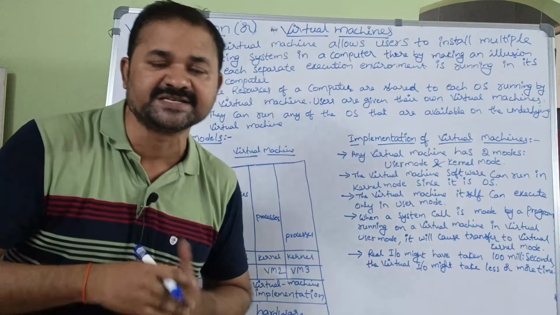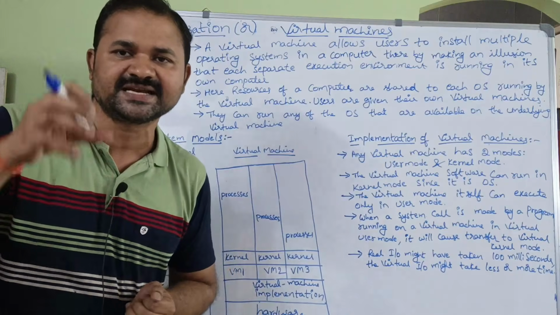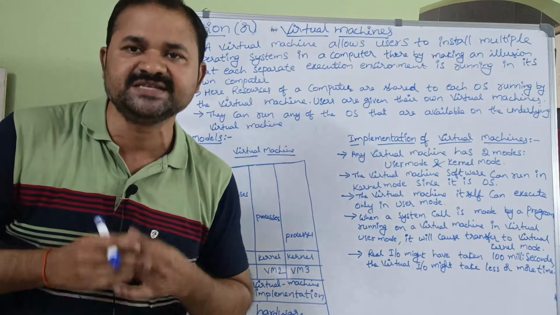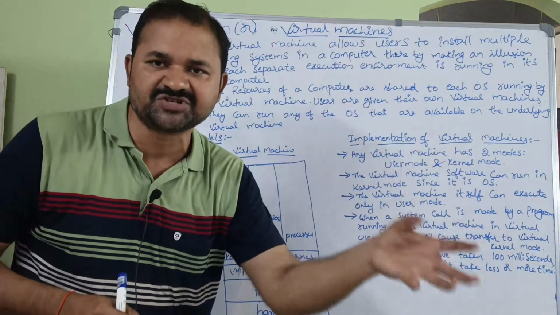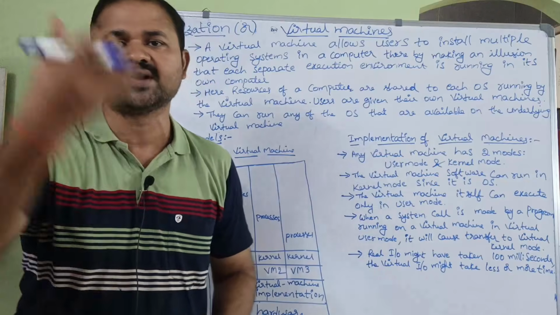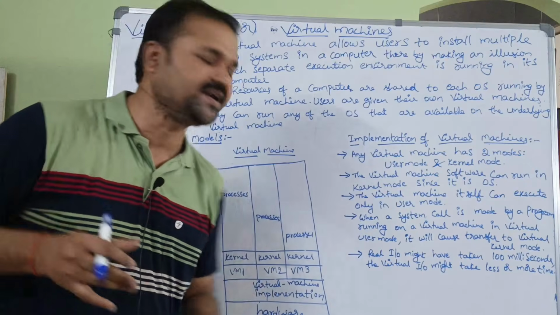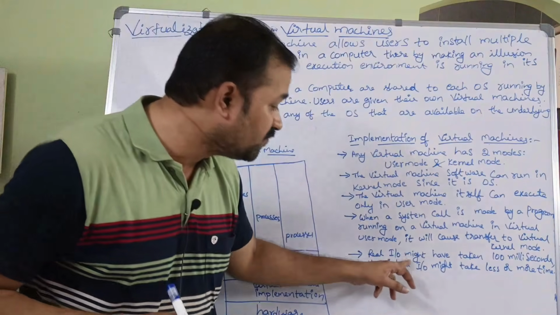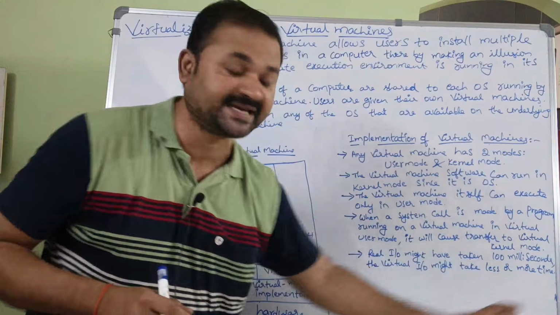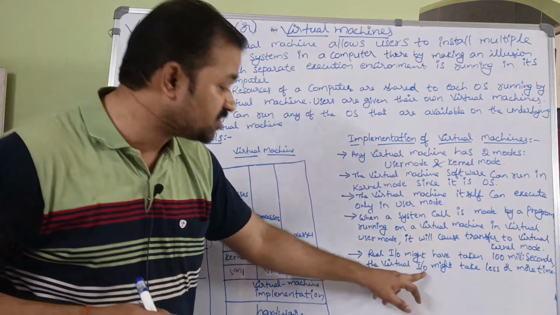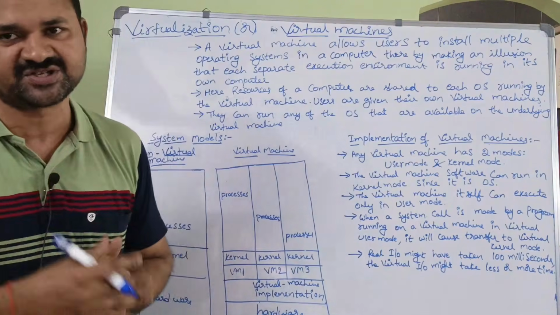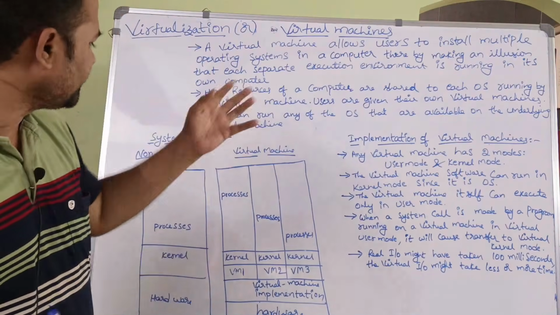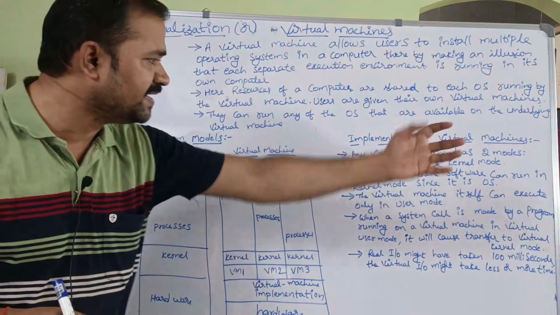It needs the operating system, so for executing that instruction, operating system service is needed. So when a system call is executed in virtual user mode, automatically the control will be transferred to the virtual kernel mode. Real I/O might have taken 100 milliseconds, whereas the virtual I/O might take less or more time. Okay, so it depends. So this is about what a virtual machine is, the system model and implementation.